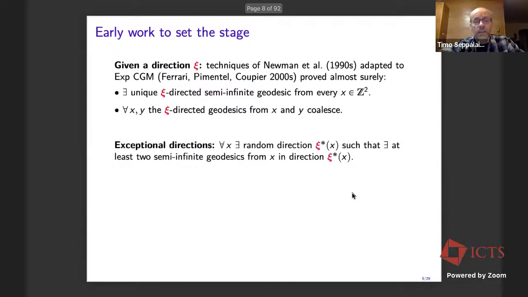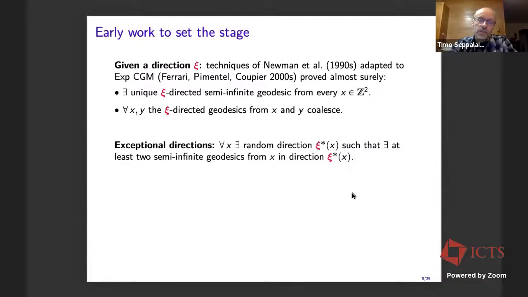Okay, but that's of course not the whole story. At every lattice point, there is a special direction that I'm denoting by xi star, such that in that xi star direction, there are two semi-infinite geodesics. And in fact, the two split right away at x. One of them takes the e1 step and the other one takes the e2 step. And in case you never thought of this, it's heuristically kind of obvious. The uniqueness of the geodesics forces these semi-infinite geodesics to be nicely monotone in their directions.